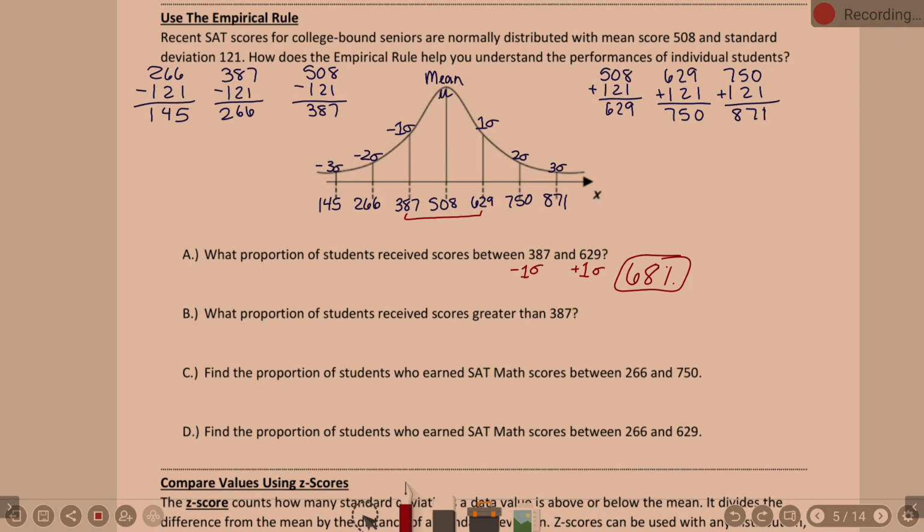What proportion of students receive scores greater than 387? 84.15. Disagree. Why I disagree with the decimal part. Because it's greater than 387, so you have to go all the way to 100%. I used the last one because we figured out that outside of that 68 is the 16.